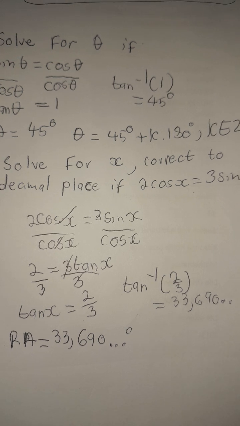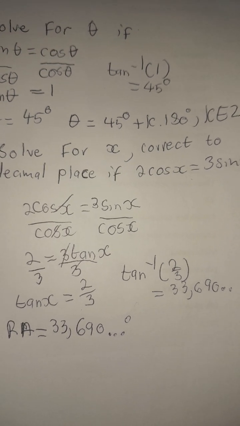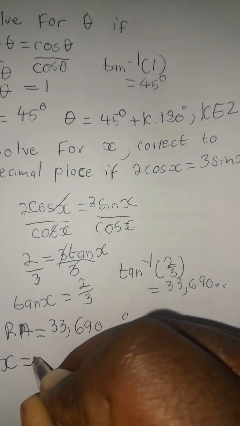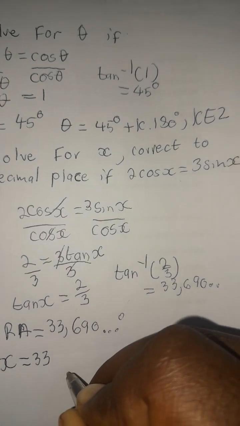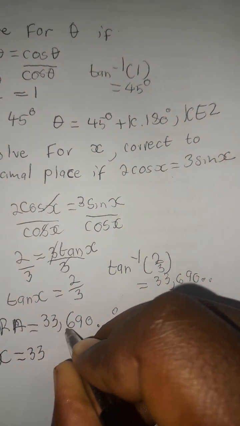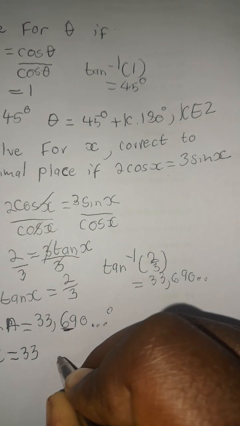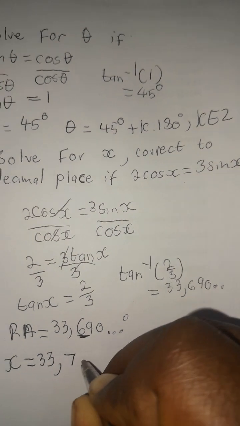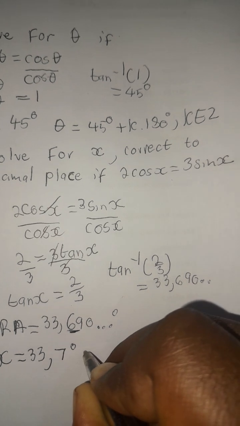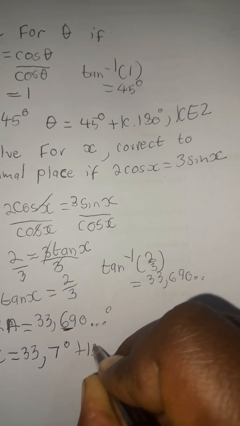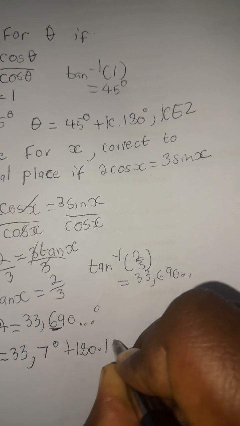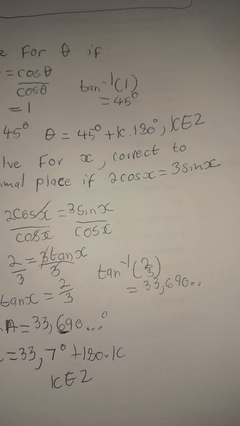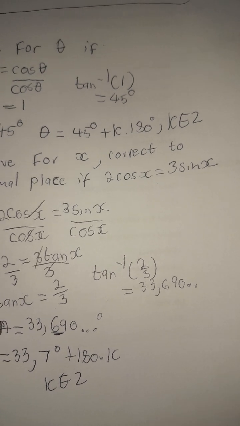Since they said round off to 1 decimal place, I will then say x will be equal to 33.7 degrees plus, because it's tan, 180 times k, where k is an element of integers. So that will be it, guys.